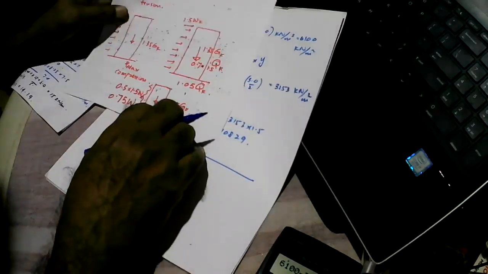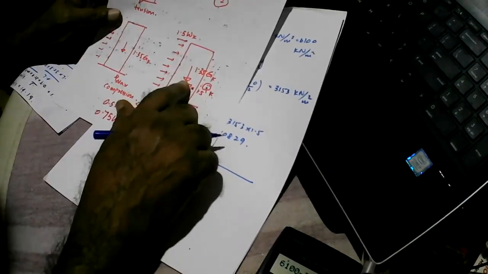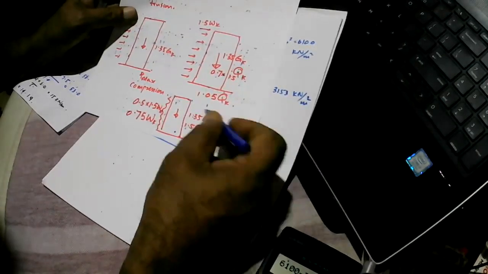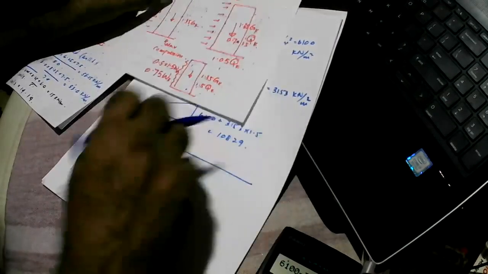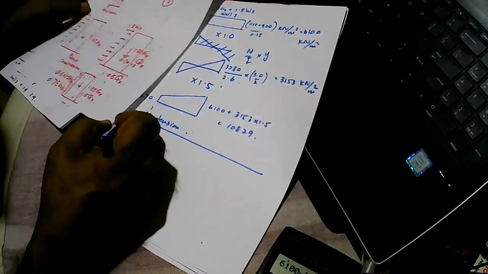So the most critical case for compression will be this one, not this one, because here the live dominates, here the wind dominates. So the wind dominating case will be the most critical. So we'll look at that.